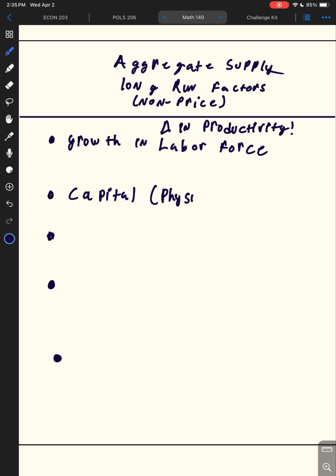Then we have capital, changes in capital, both physical and human. Then we have natural resources.